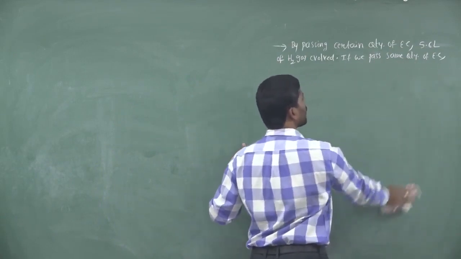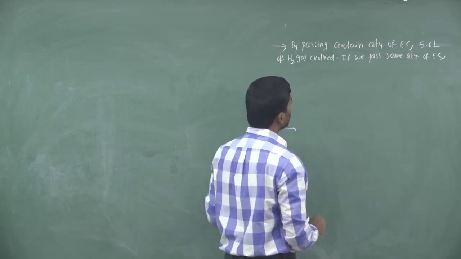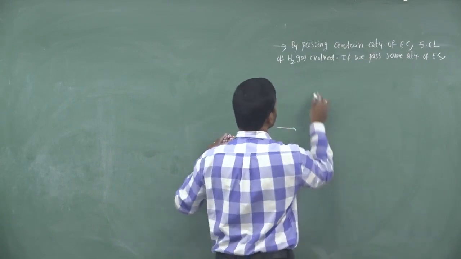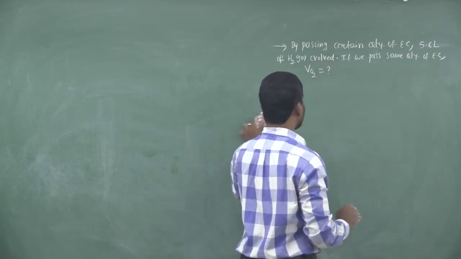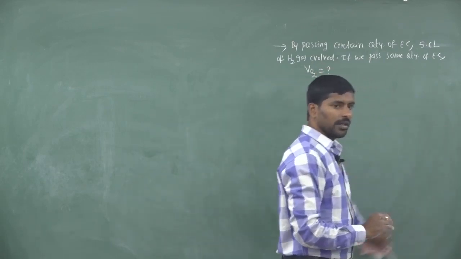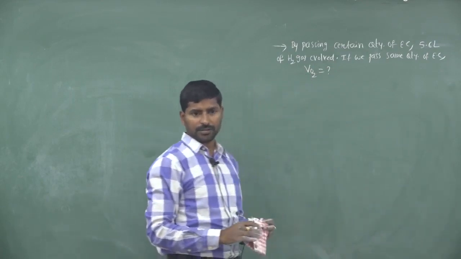If we pass the same quantity of electric current, what is the volume of O2 gas evolved under STP conditions?